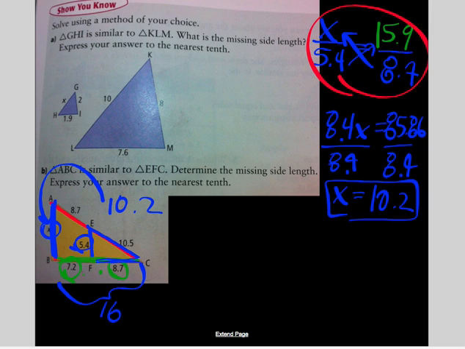So here, this side, the small side, is just over half the size of that. So if this is just over half the size of the big side, and this is just over half the size of that big side, then I've got the right answer. So I'm doing well.